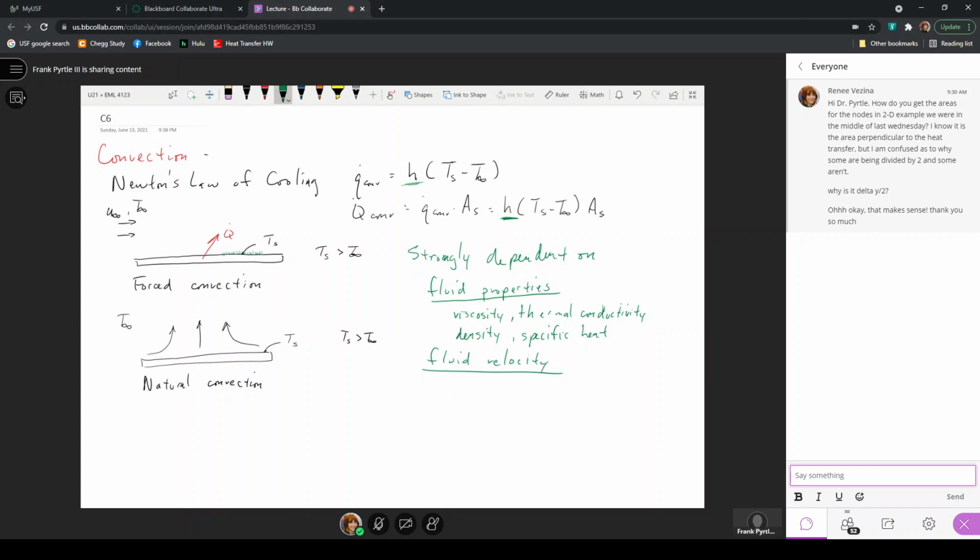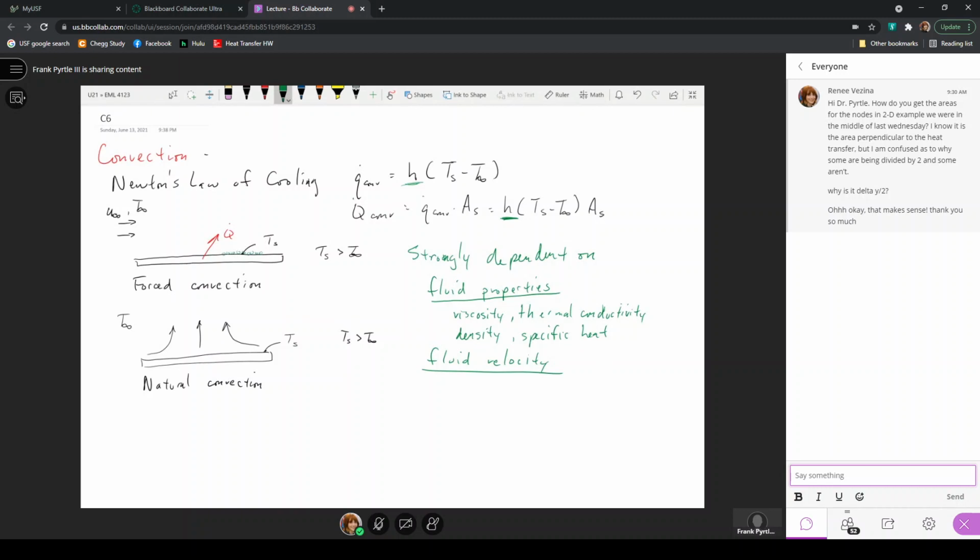That's just because if the fluid is moving at a higher velocity, then in this case, for this forced convection, there's a higher rate at which cooler molecules will come in contact with this surface to facilitate and to enhance the heat transfer as we increase the velocity of the fluid. So that will give us higher heat transfer coefficients.